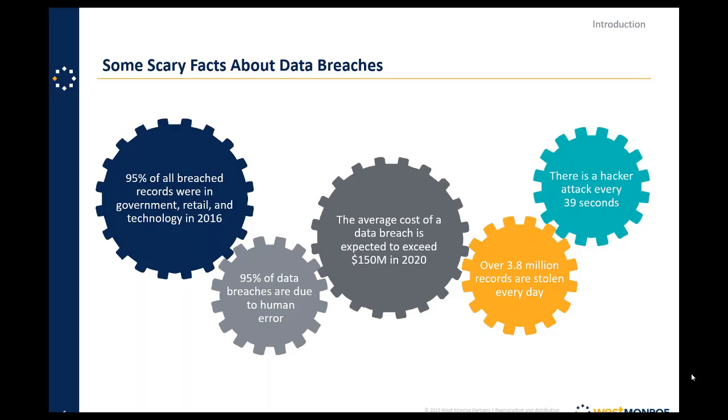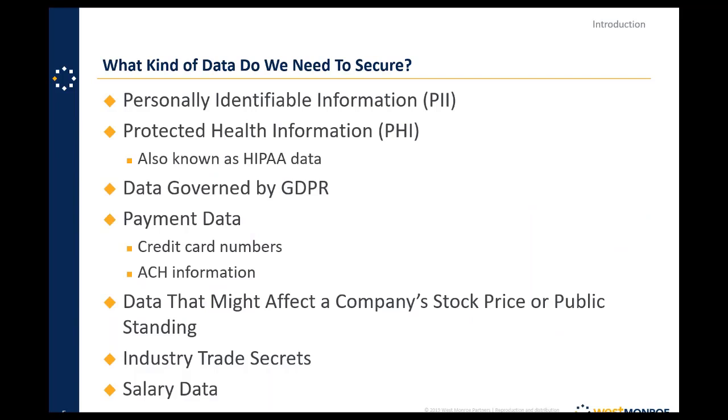This is obviously a somewhat old statistic because I expect this will end up being higher simply due to the additional activity with COVID-19. Approximately 3.8 million records are stolen every day, and there is a hacker attack about every 39 seconds. So why are we here? For this reason, right?